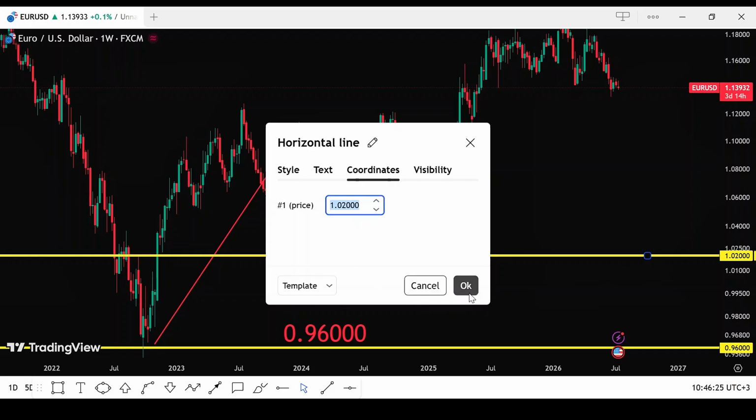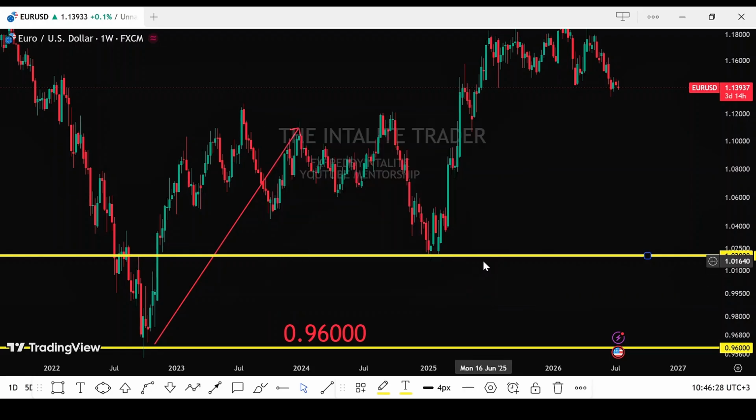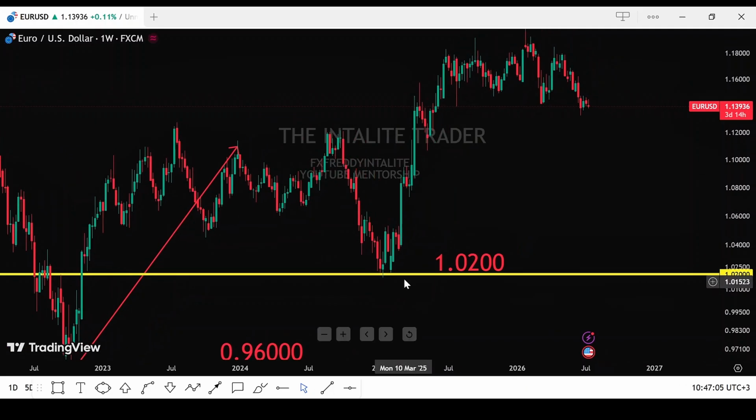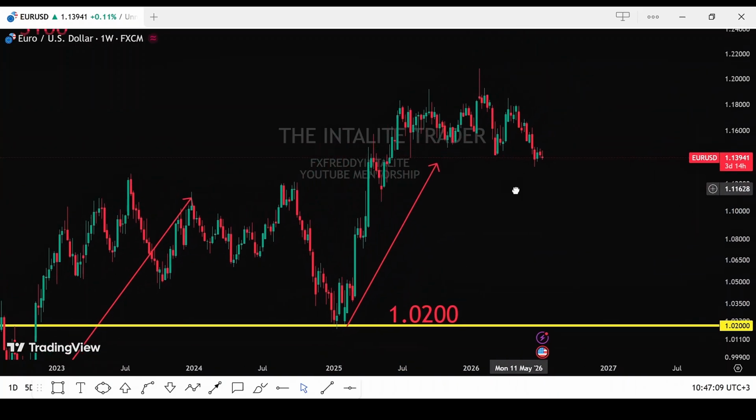If you look at the side here, we have this level as 1.0200. So this becomes a round whole number, a level, and you can see when price was here, it reacted to the level and traded away.